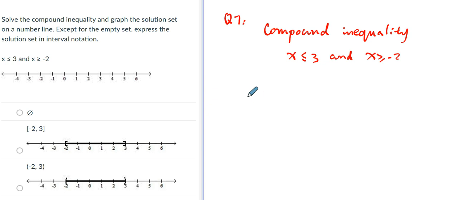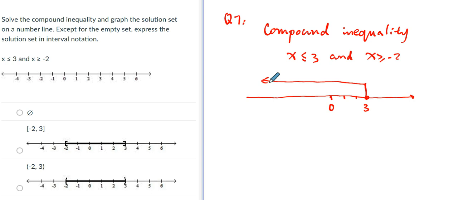The best way to do this is to draw a picture. Assume here is 0, 1, 2, 3. So 3 is included. There is an equal sign. All the numbers less than 3, so 1, 2 here, 0 here, so it goes in this direction. That's for this one. Now how about x greater than or equal to -2?